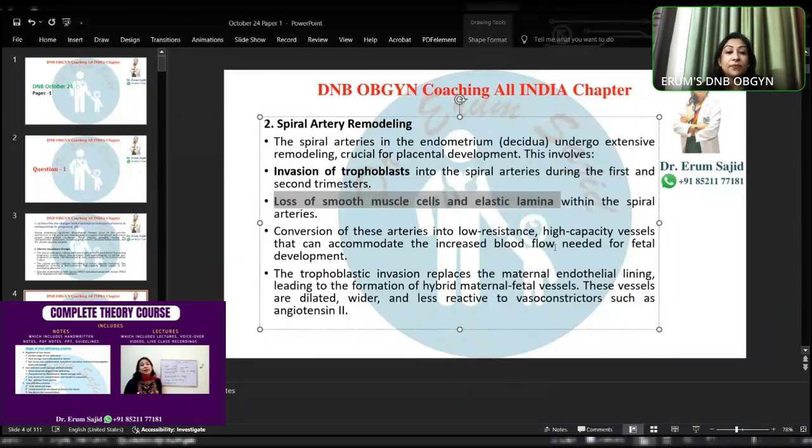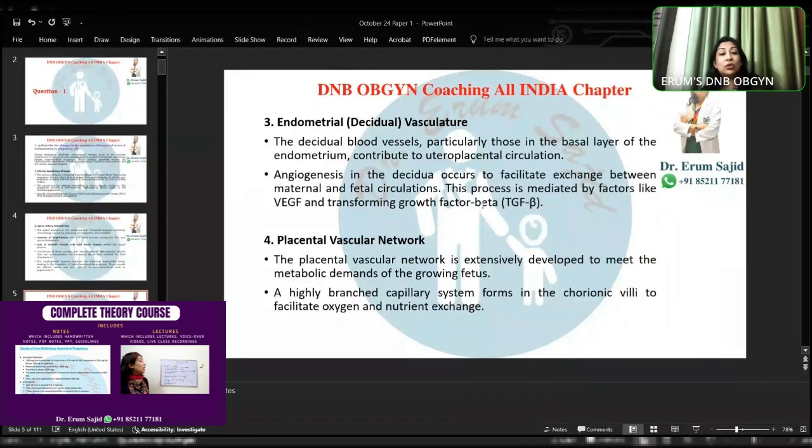Correct? Otherwise it happens. Now what happens to the endometrial vasculature? Again, angiogenesis is there. You have more, rapid circulation, and these vessels develop a low resistance, high capacitance network.